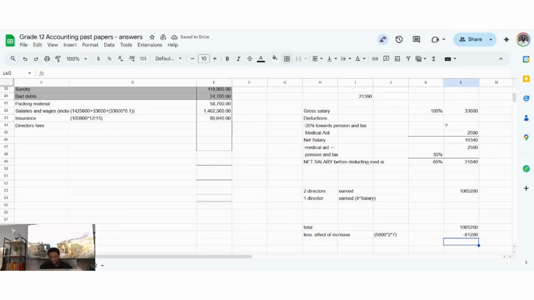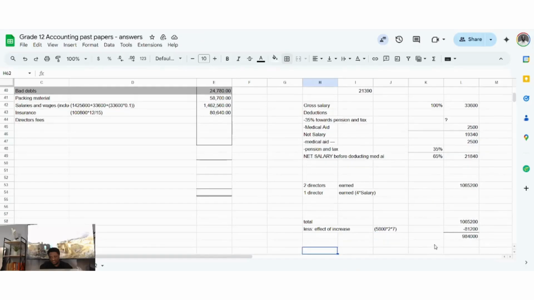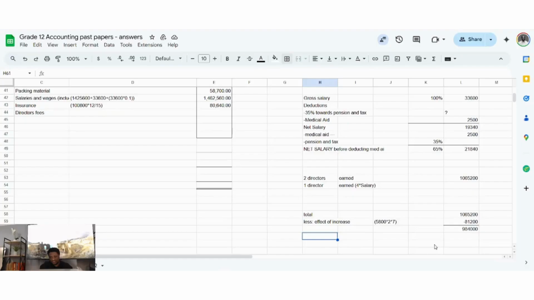Let's see how much that increase would have been. That increase would have amounted to 81,200. So if there was no increase, how much would these directors have earned? They would have earned 984,000. Now if they earn 984,000, one director earns half of that, right?